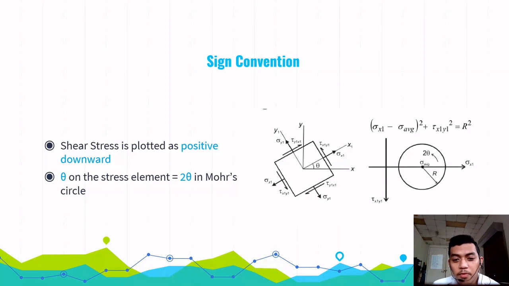Next, we will move to the second slide, which is sign convention for Mohr circle. Based on the diagram, shear stress is plotted as positive downward, and theta on the stress element will be 2 theta in Mohr circle. This is a must in all Mohr circle usage.